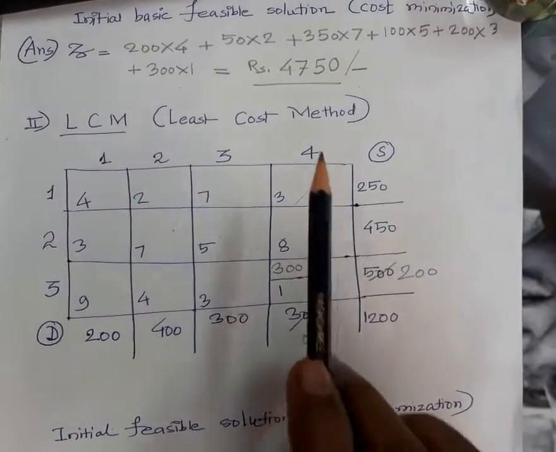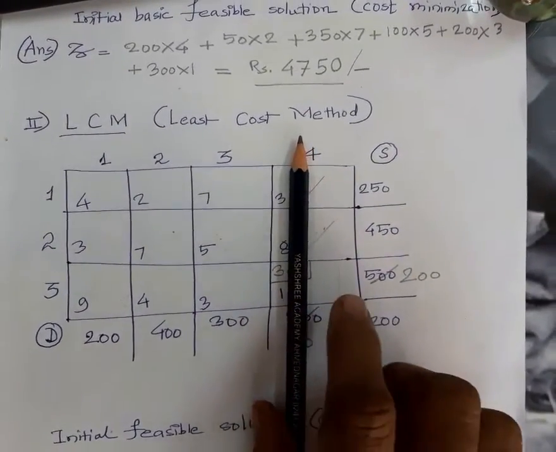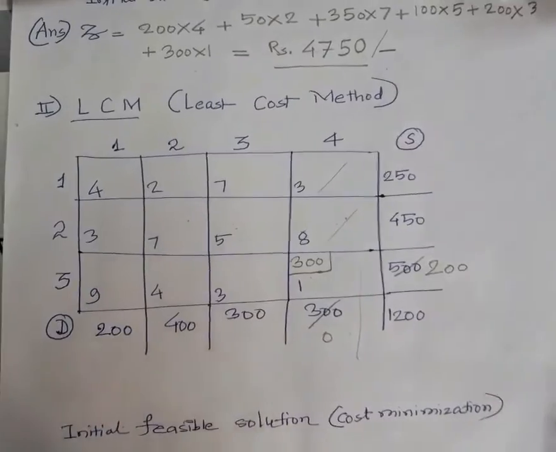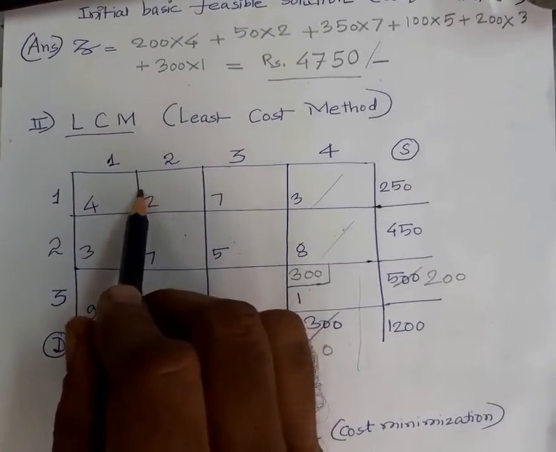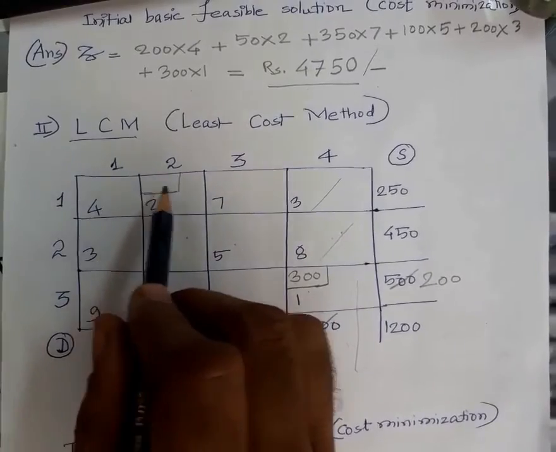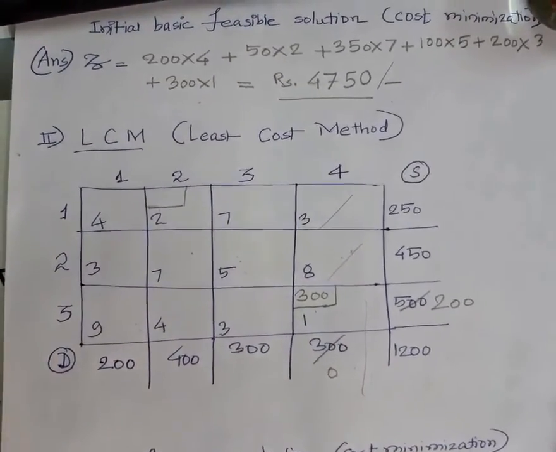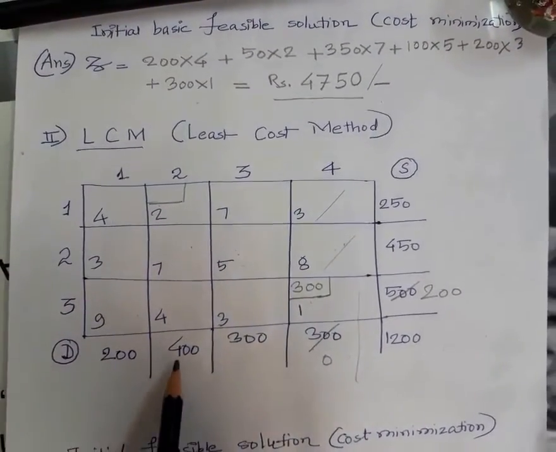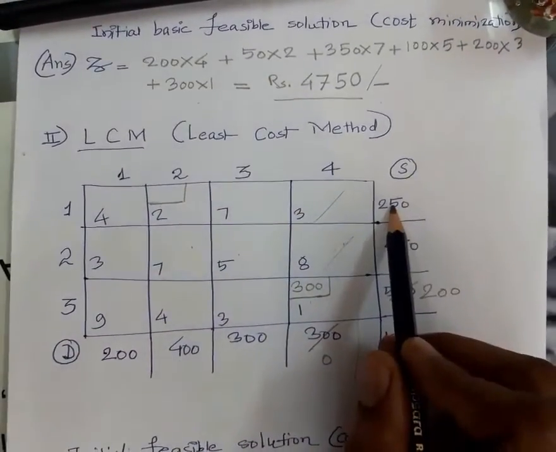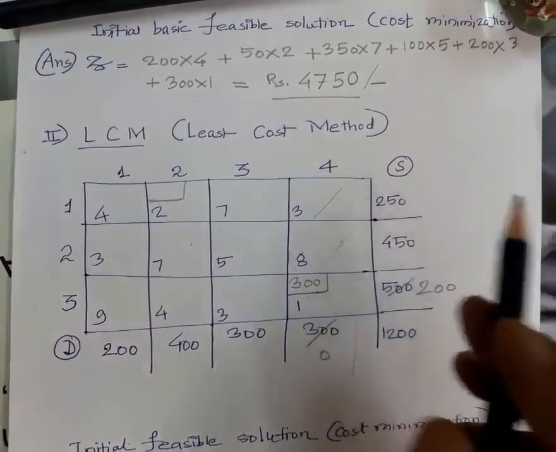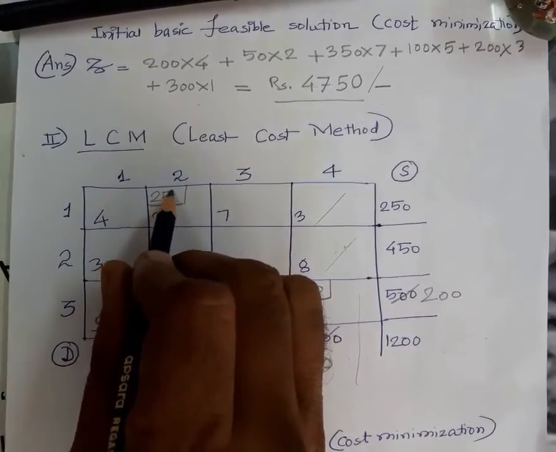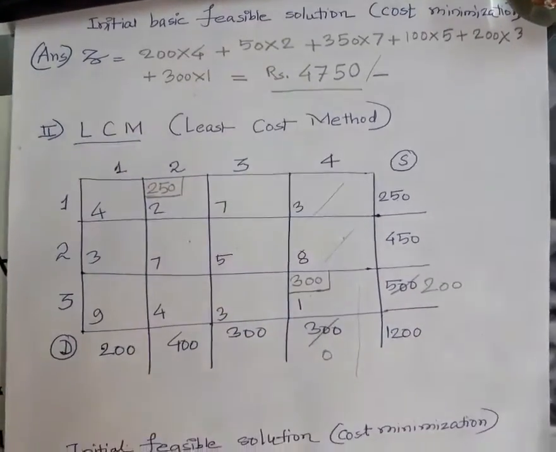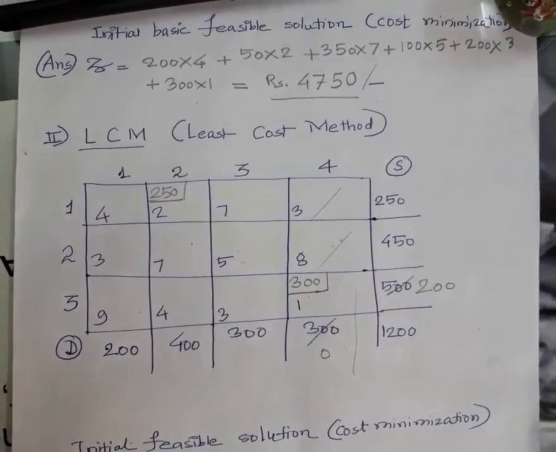Now see the next minimum cost. Now the next minimum cost is 2. So start the allocation from this cell. 400 is the demand and supply is 250, so that I can give maximum 250 here to the destination second.